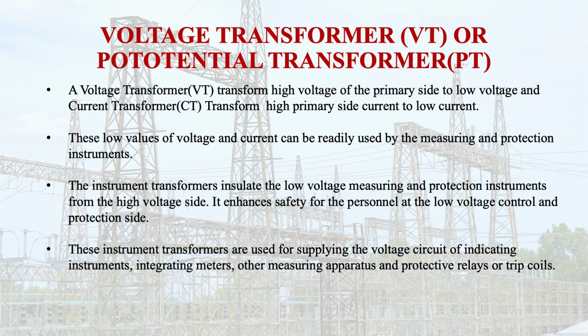These instrument transformers are used for supplying the voltage circuit of indicating instruments, integrating meters, other measuring apparatus, and protective relays or trip coils. They may be of single phase or 3-phase design and of dry or oil immersed type for cooling purposes. Just like a current ratio, there is a voltage ratio.